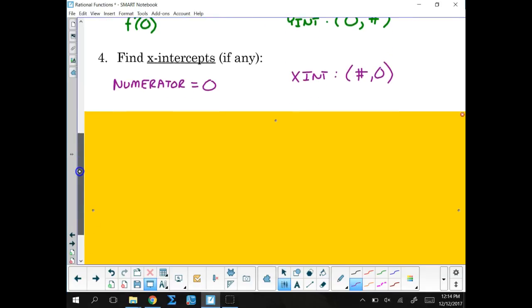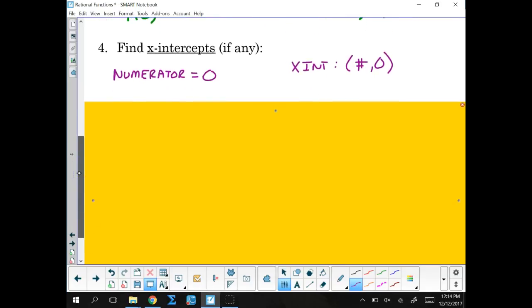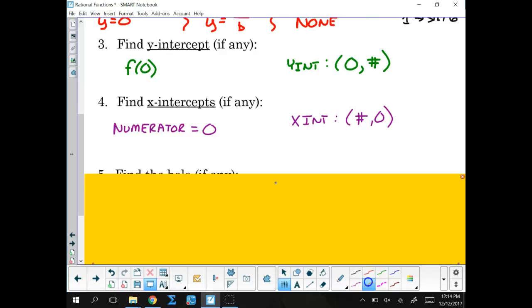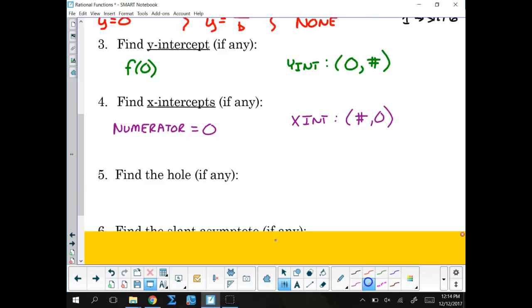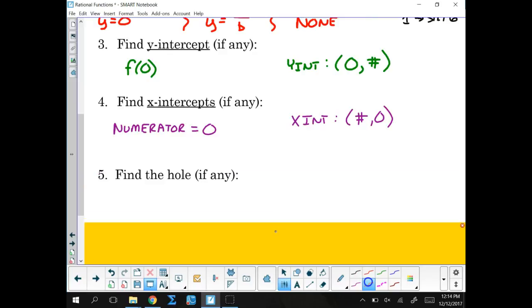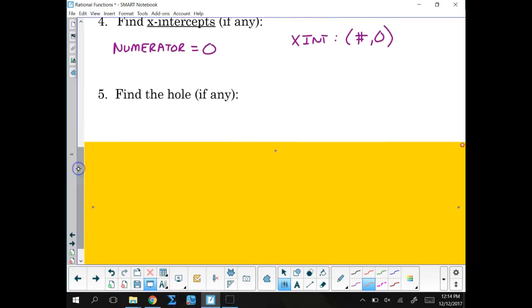Okay. Step number 5. Holes. How do I find any and all holes? Well, it depends if you factored out a term in step 2. It's step 1.5. Yes. So common factor equal to 0.